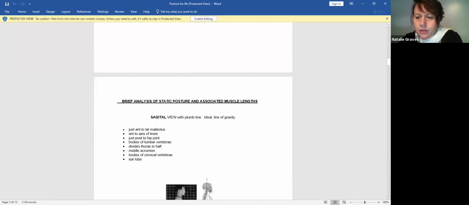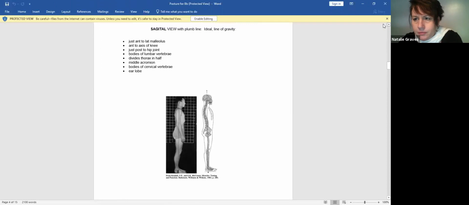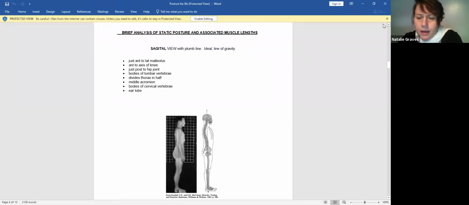Okay, so before we go on with our lab here, I want to talk about the 4 different postural types that Florence Kendall coined.